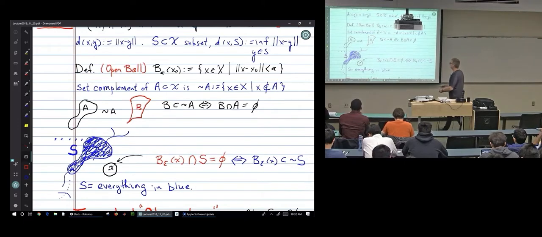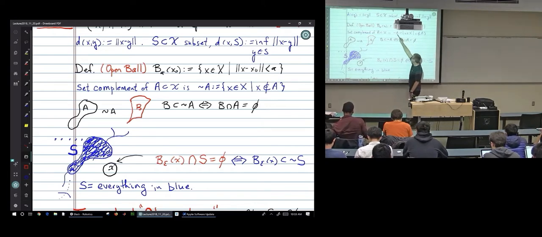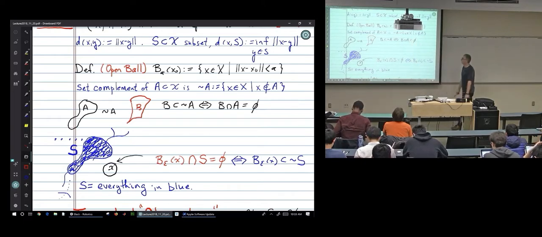We use this tilde notation for the set complement. So the complement of a set A is all the points in X such that x is not in A. If A is all of X, then that complement would be the empty set. And if A were the empty set, that complement would be all of X. So those both are fine.